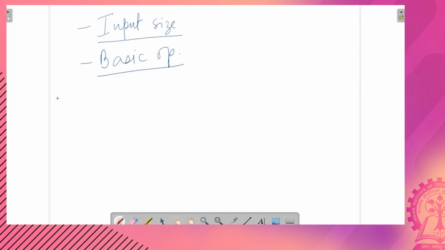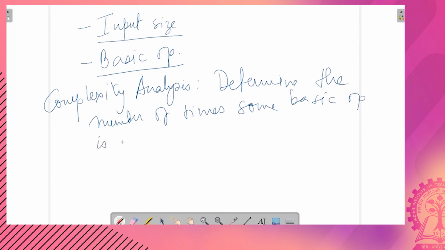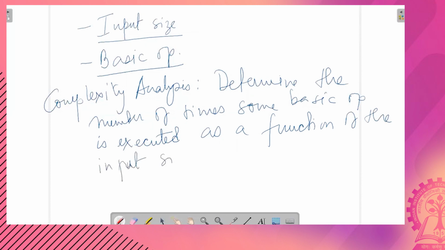Complexity analysis, in specific, is a mechanism to determine the number of times some basic op is executed as a function of the input size.